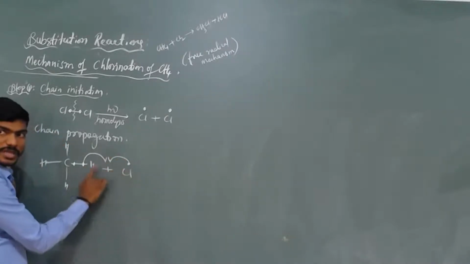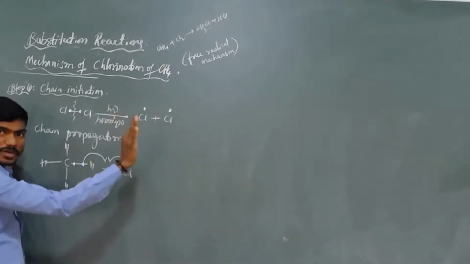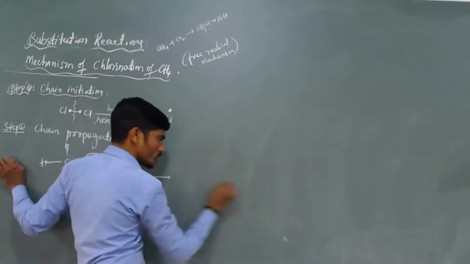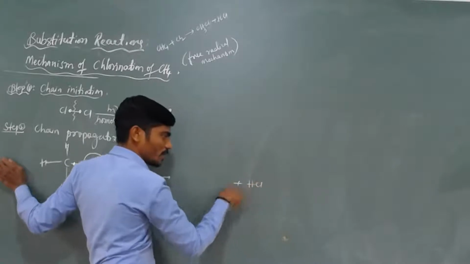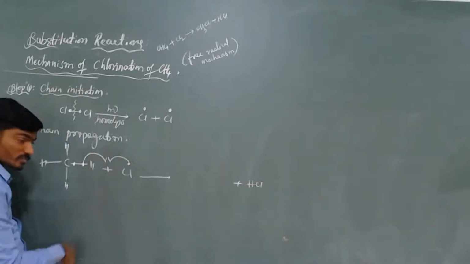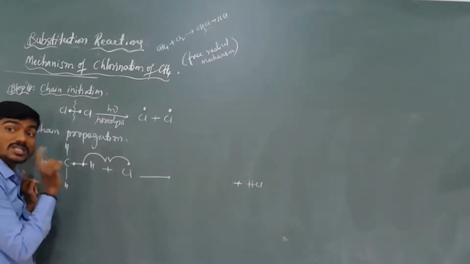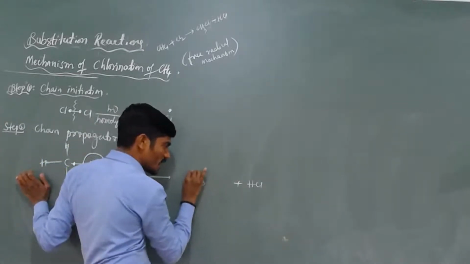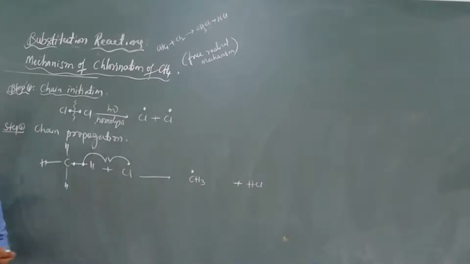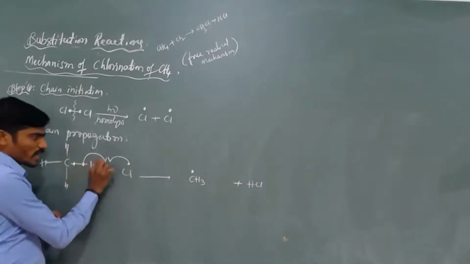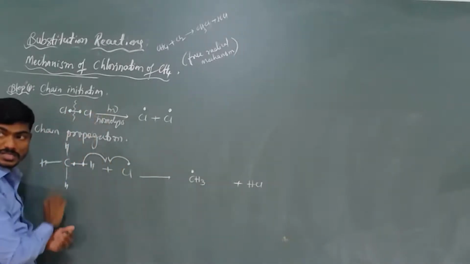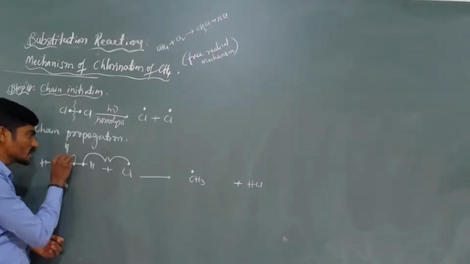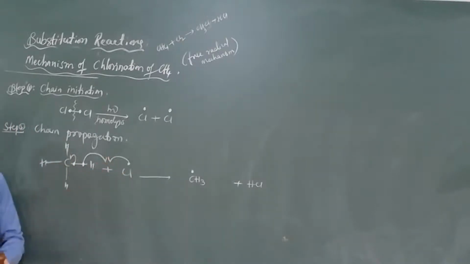Which bond is it? HCl separates out. So this gives HCl plus the remaining product, CH3 dot. Which radical is this? The methyl radical. Because one electron is involved in the bonding, HCl is out, and this dot remains on the carbon atom. CH3 dot, methyl radical. Since it is a propagation step, these reactions will continue.